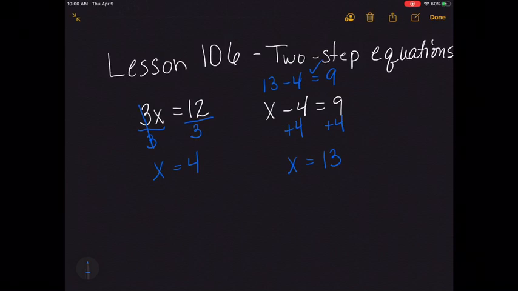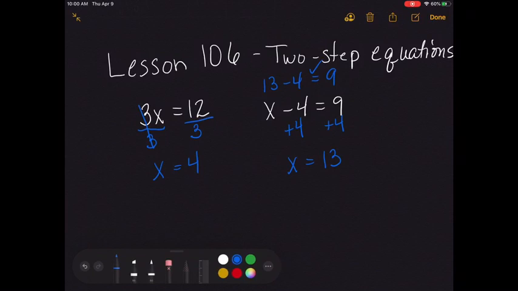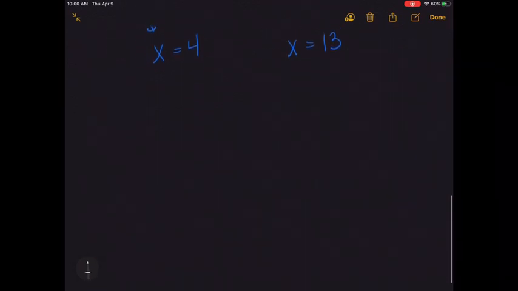So in lesson 106, though, what we're going to do is have problems where we need to take 2 steps in order to solve them. So let's look at the first example I have: 7 times some number plus 4 equals 29.